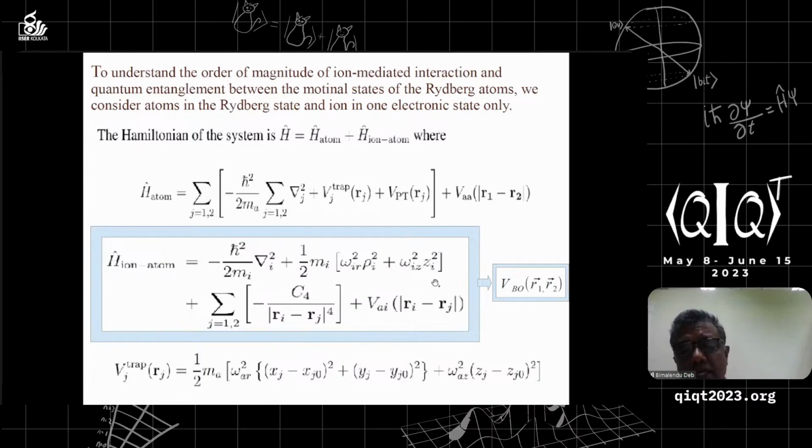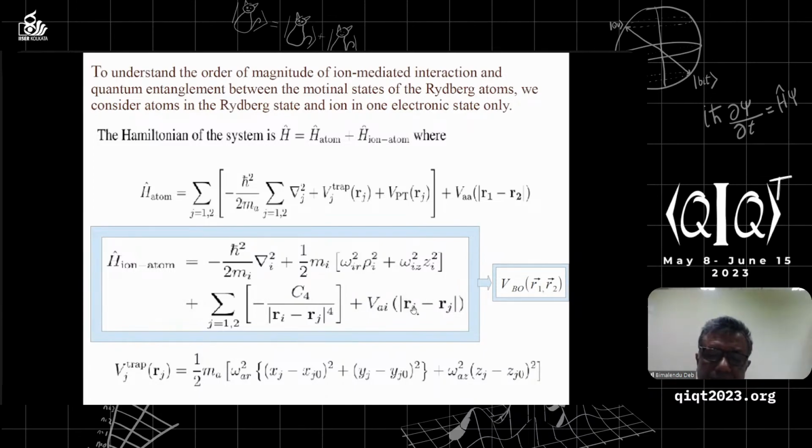We are considering a cylindrically symmetric trap, and we consider that the radial trapping frequency omega_IR of the ion trap is much greater than the axial trapping frequency omega_IZ, so that we can use the quasi-1D approximation. And then we have the ion-atom interactions for the two atoms, C4 by R to the power 4.